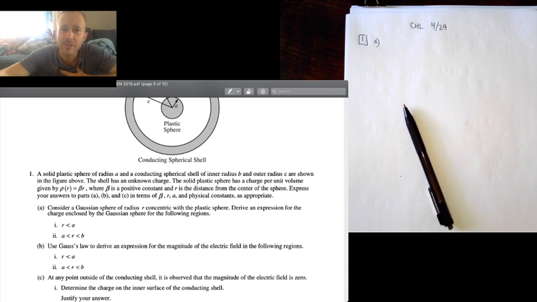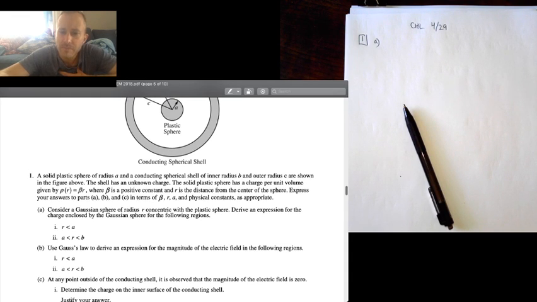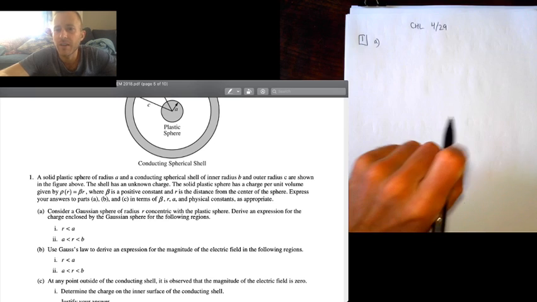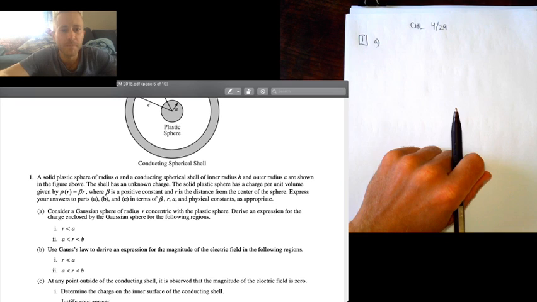The shell has an unknown charge. The solid plastic sphere has a charge per unit volume given by rho equals beta times r, where beta is a positive constant and r is the distance from the center of the sphere. Express your answers to a, b, and c in terms of beta, r, a, and physical constants as appropriate.